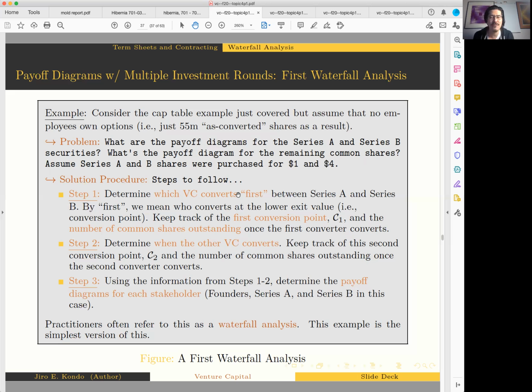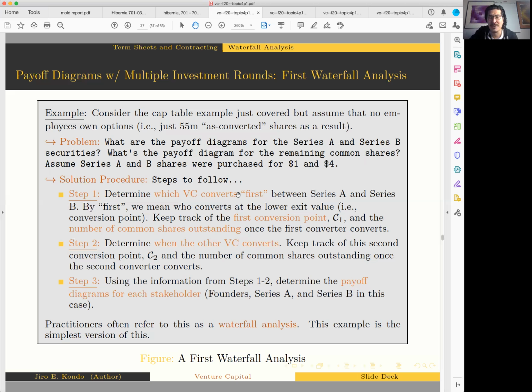And then once we've found out the conversion points for both stakeholders, then we can use logic to map out what each payoff diagram looks like. By the way, I just described the process for two stakeholders above the common equity. So actually 3 stakeholders.